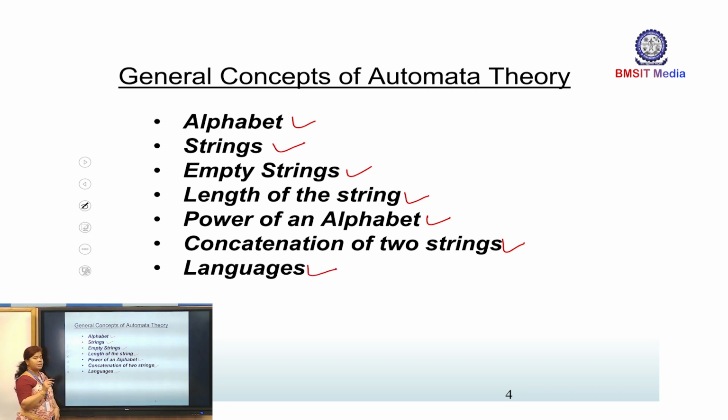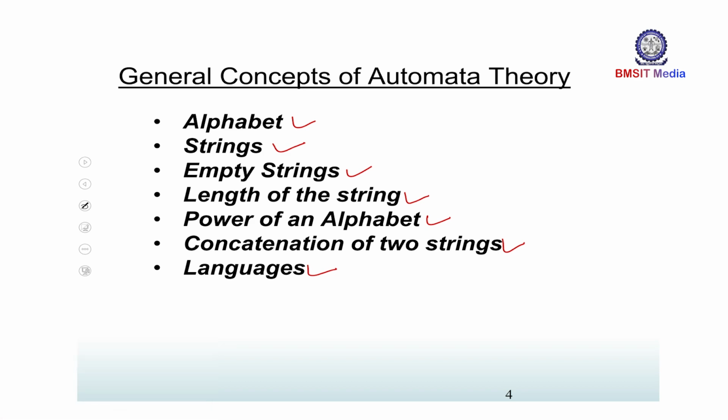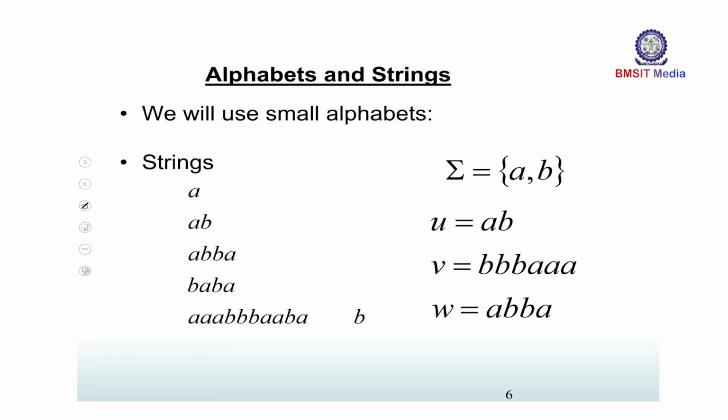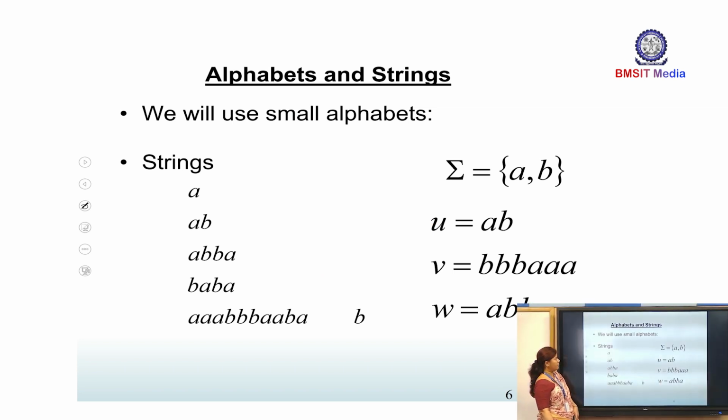So these are the major components, or elements, which are often used in studying the concepts of automata theory. The first element is the alphabet. The alphabet is usually denoted by the symbol sigma.